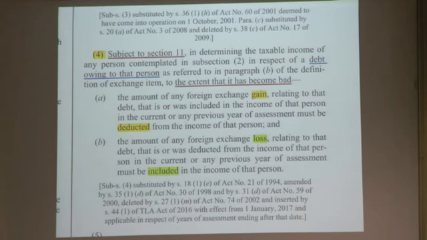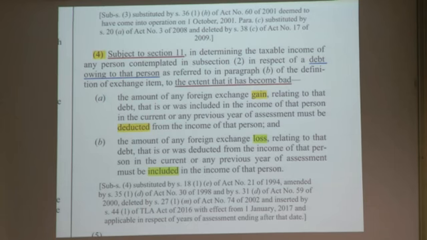Very important to pick up that this provision can only apply to the lender. It must be a debt owed to that person, as referred to in paragraph (b) of the definition of exchange item, to the extent that it has become bad. So to the extent that the money is owed to you, being the lender, and the money cannot be recovered, it has become bad, what you need to do is reverse what has been done.